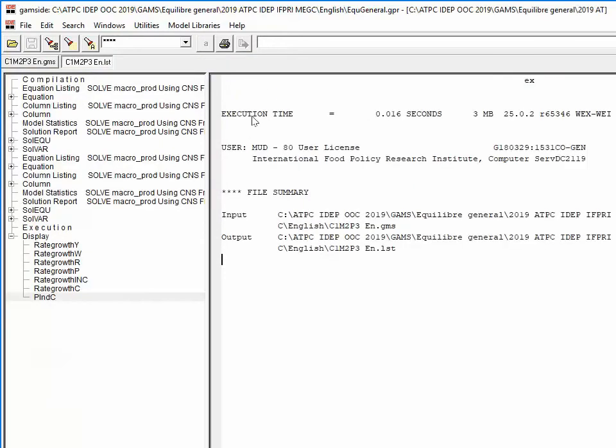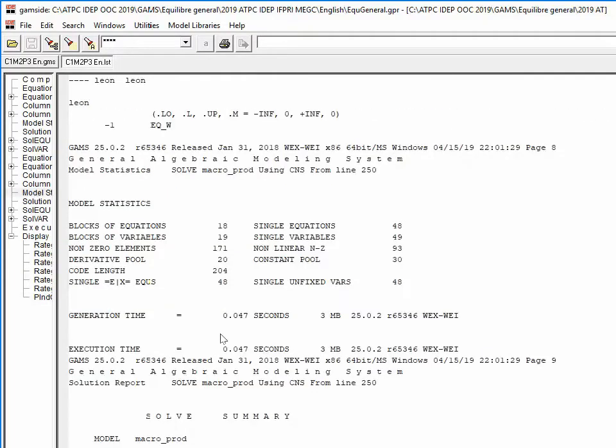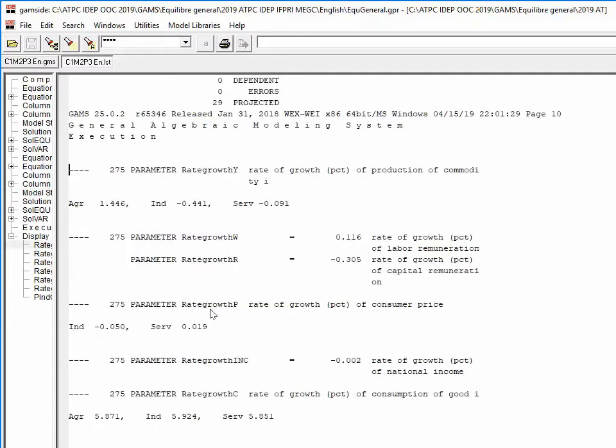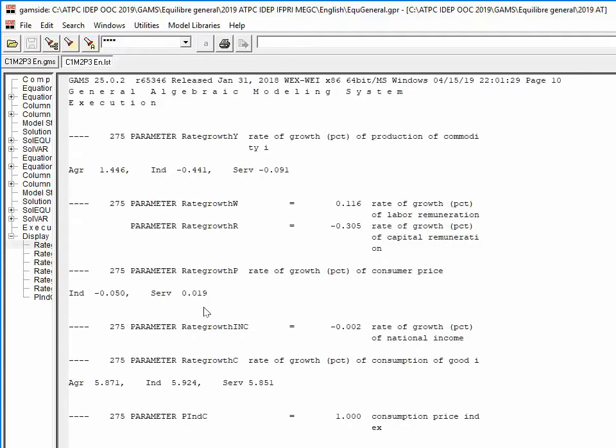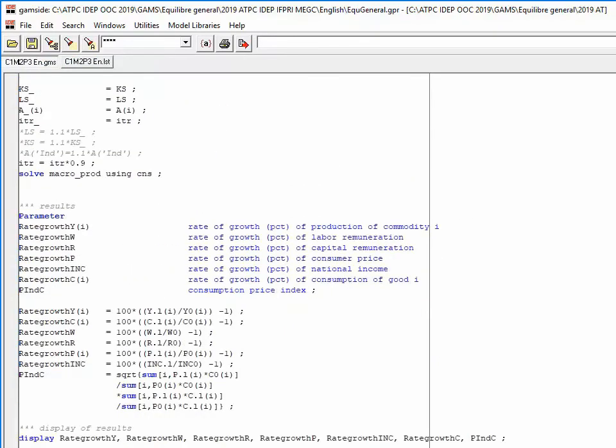If I look at the solution, I can double click on model statistics, I see that now there are 48 equations and 48 variables. If I look at the results, I remind you that in my modeling I implemented a decrease in the indirect tax rate.